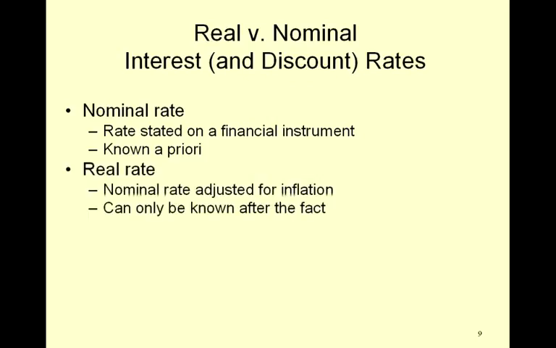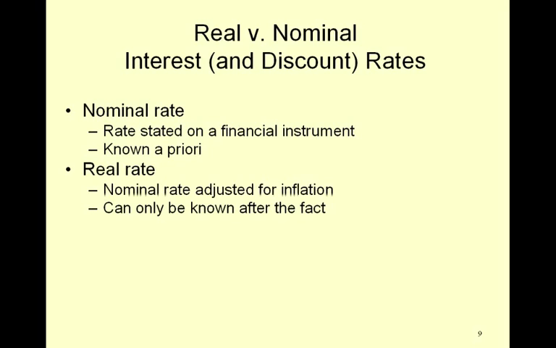A real rate is a nominal rate adjusted for, or taking out, inflation. Real rates can actually only be known after the fact. So if you put your money into a bank account that pays a 4% nominal rate, you won't know what your true rate of interest in real terms is until the end of the year, when we figure out how much prices have risen, how much inflation has occurred.